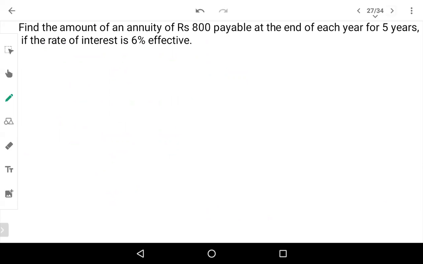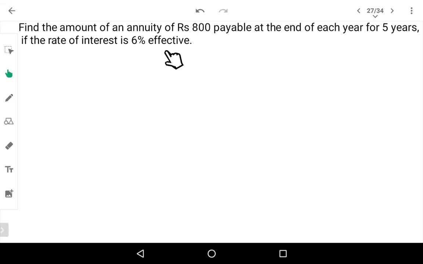Now moving on to the next question. Find the amount of an annuity of rupees 800 payable at the end of each year for 5 years if the rate of interest is 6% effective.